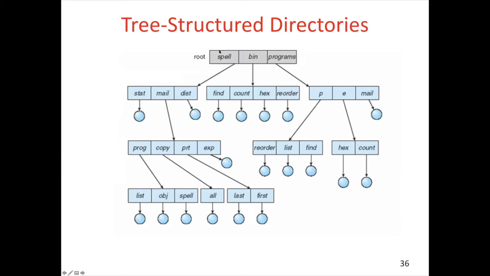For example, under programs we have directories P, mail. Mail has a file, and under P we have directories called reorder, list, find, and they have some files. And here we have hex and count containing some files.